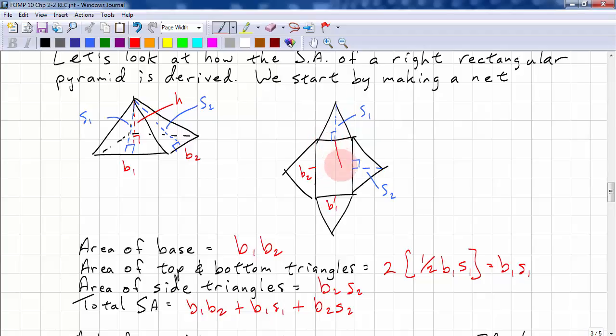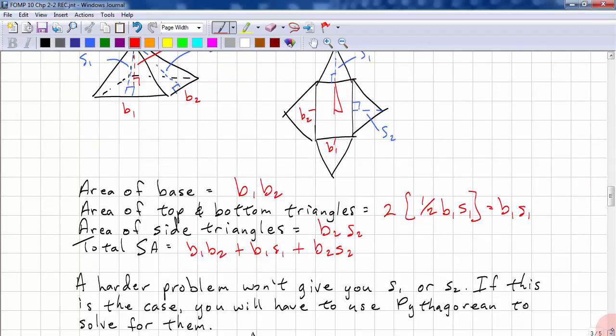S1 will look like a triangle with top view like this. That means our base is here, we have our height here, and then our hypotenuse is this. So B2 corresponds to S1 for the hypotenuse calculation.